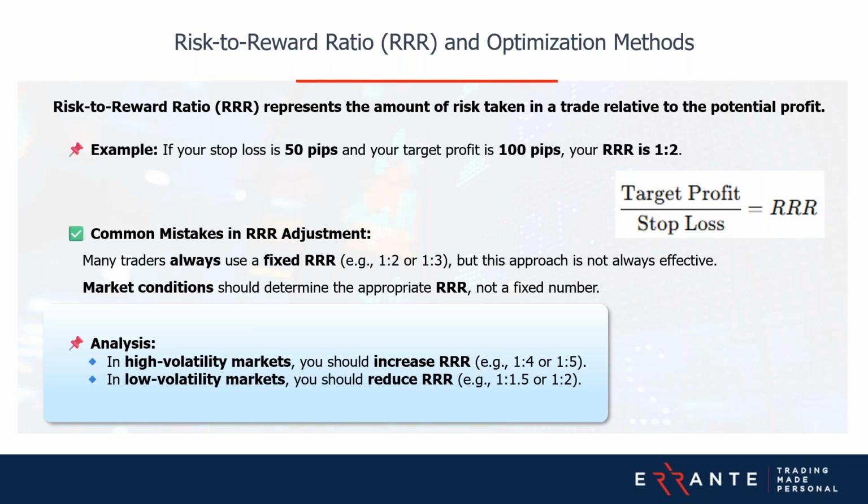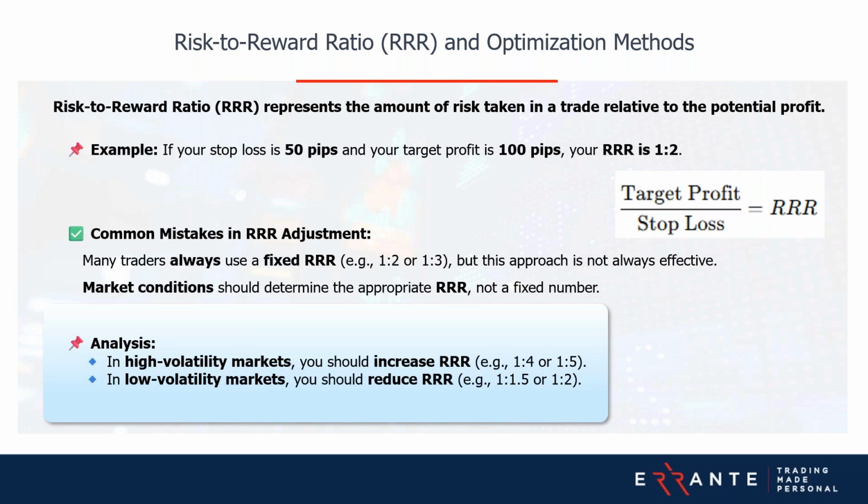In these scenarios, we aim to not lose money. For example, instead of 1 to 3, we use 1 to 1, or 1 to 1.5 RRR. Why? Because waiting for big moves in a slow market might lead to unnecessary losses.